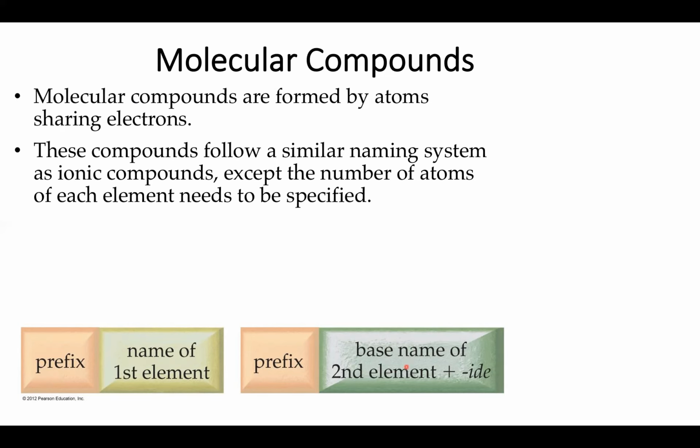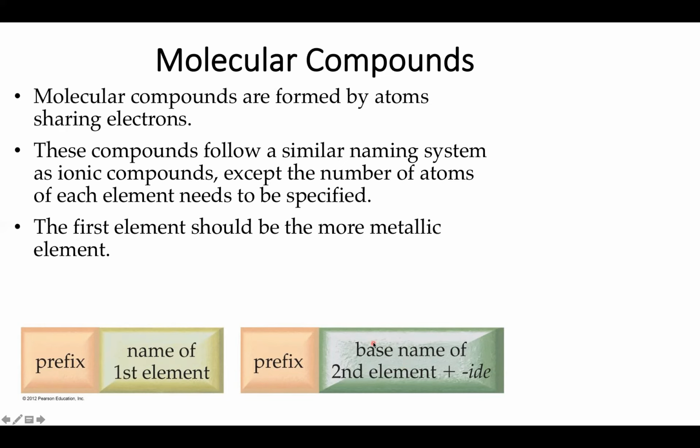So the first thing we have to actually deal with is who's my first element and who's my second element. In general, the first element should be the more metallic element. So this means the element that is further to the left and further down in the periodic table. So whoever's further down and to the left will tend to be our more metallic ion and should go first.